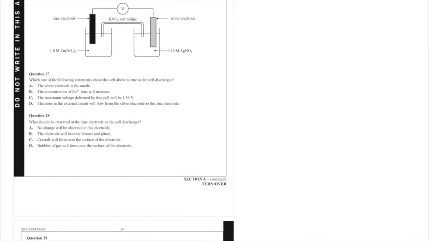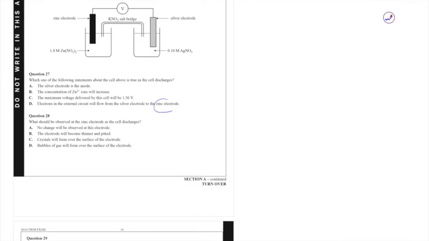Now you could have used the electrochemical series for this, and at some point you definitely did need to. However, you could actually knock out 2 of the answers by using a little bit of logic. Looking at option D, it says electrons in the external circuit will flow from the silver electrode to the zinc electrode. Now electrons always flow from the negative to positive terminal, at least in galvanic cells.